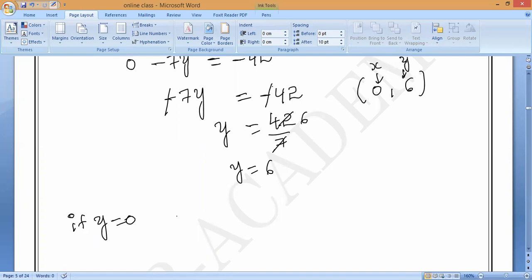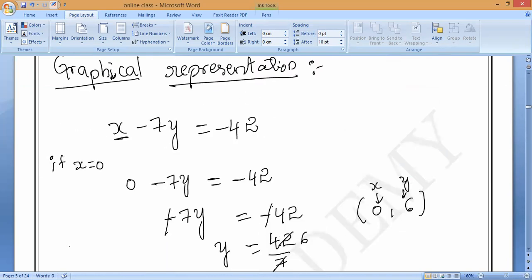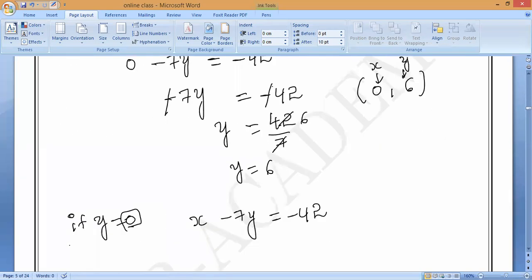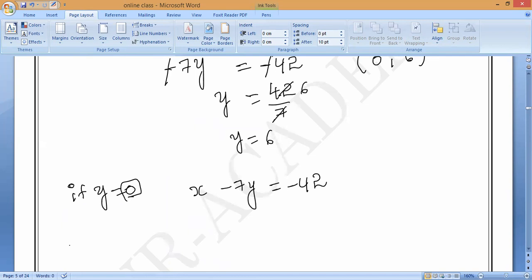What is our equation? x minus 7y equal to minus 42. In place of y, you can substitute 0. What is the x value? All of you solve and say your answers. Minus 42.